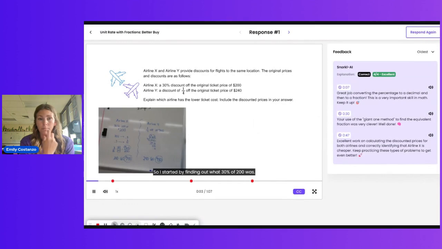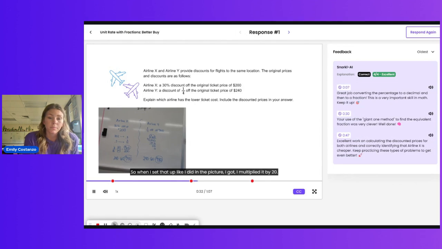So I started by finding what 30% of 200 was. I took 30% and turned it into a decimal, which is 0.3. And then I took 0.3 and made it into a fraction, which was 3/10. I then decided to use the giant one method and figure out what equivalent fraction 3/10 is to something over 200.